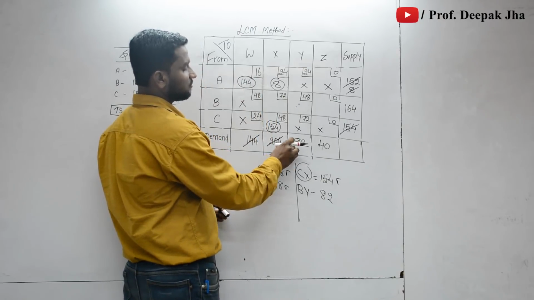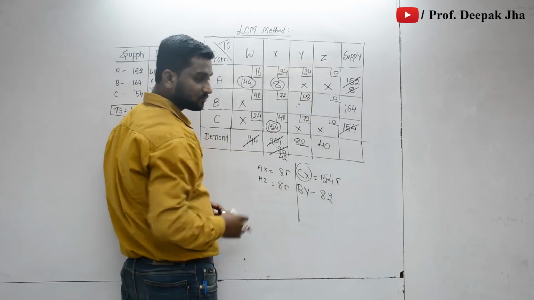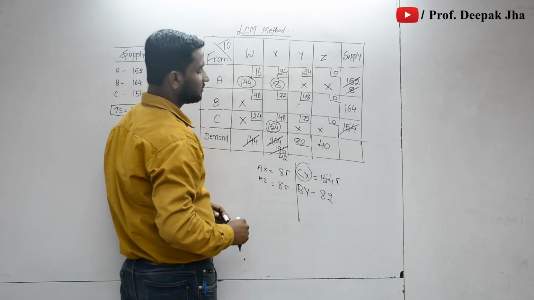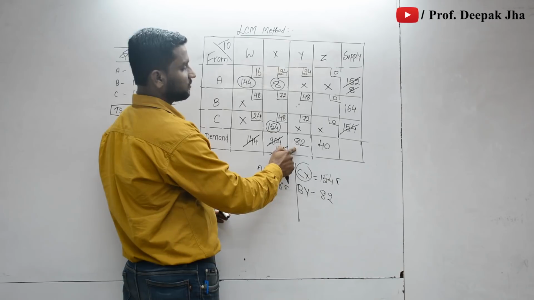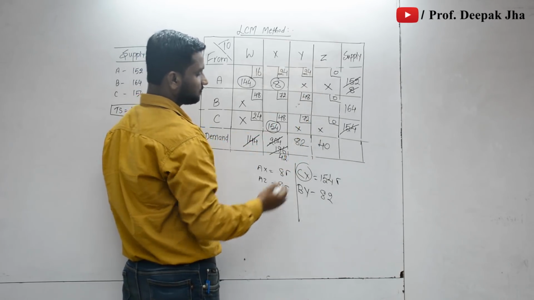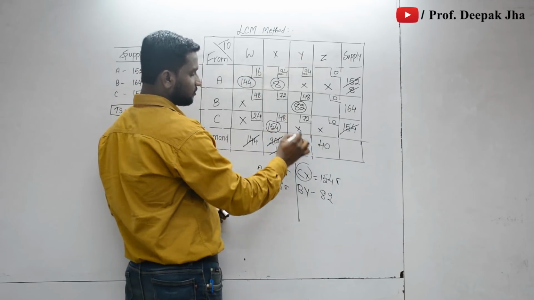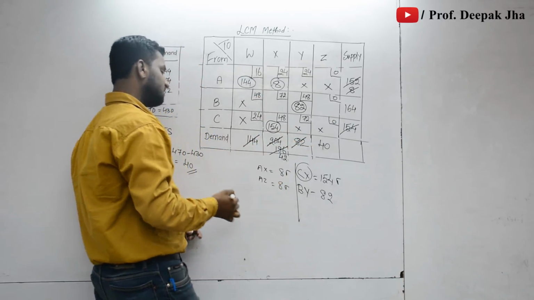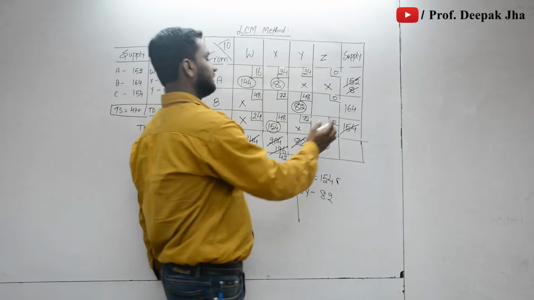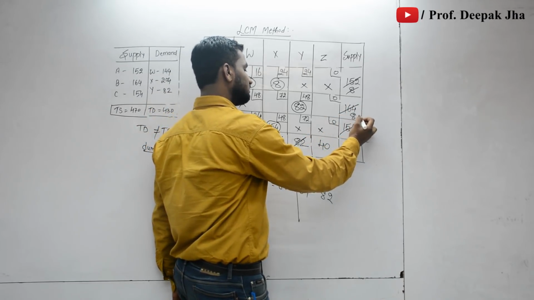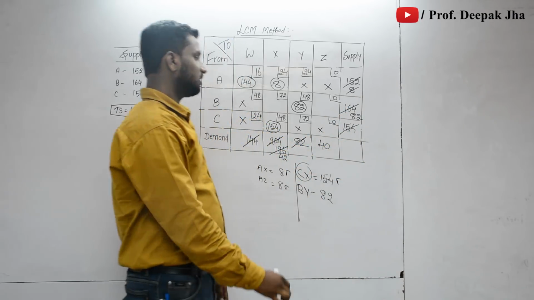So we have to make the allocation here. Here the demand is 82 and supply is 164. So 82 units. By allocating 82 units here, this demand is entirely exhausted and this 164 is now 82.